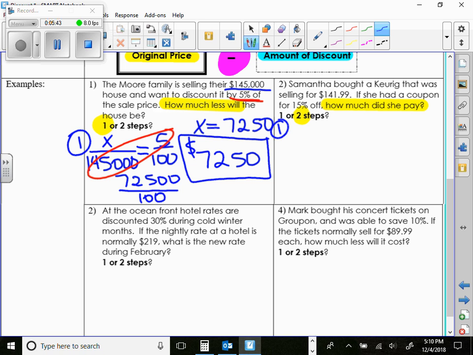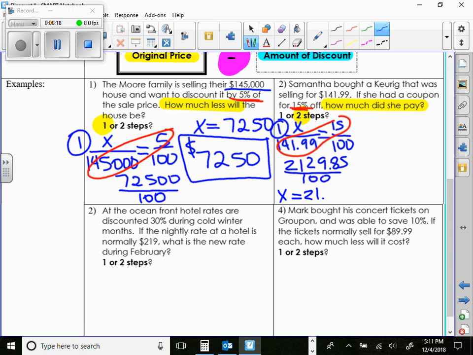The first step would be x, the amount of discount, over the original price of the coffee maker, equal, discount rate is 15% over 100. I'm going to cross multiply. 141.99 times 15 is equal to 2,129.85, divided by 100. And x is 21.30.